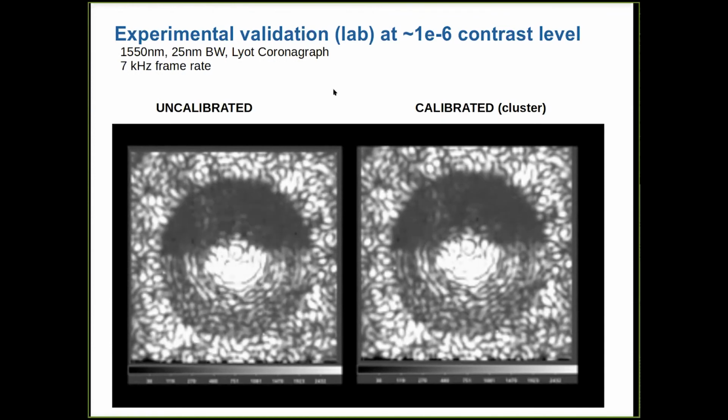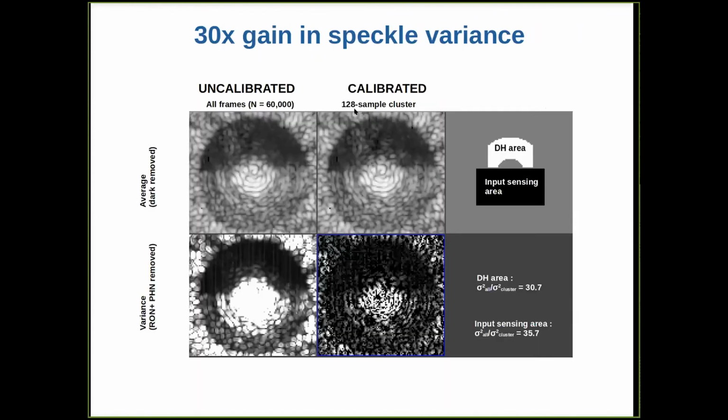So that's extremely encouraging. And if we look at what we've done, we achieved a 30 times gain in the variance of the speckle field in the dark hole, which is quite a big gain already. So that's very encouraging.